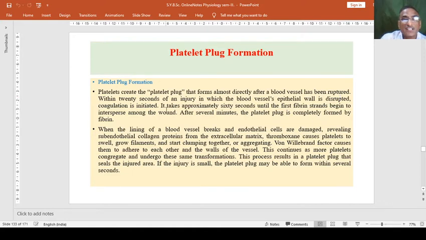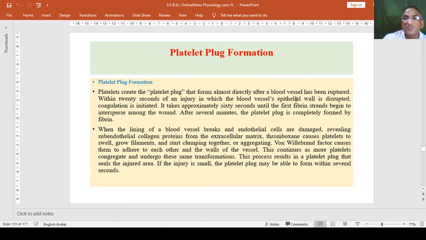Within 20 seconds of an injury in which the blood vessel's endothelial wall is disrupted, coagulation is initiated. It takes approximately 60 seconds until the first fibrin strands begin to intersperse among the wound. After several minutes, the platelet plug is completely formed by the fibrin.